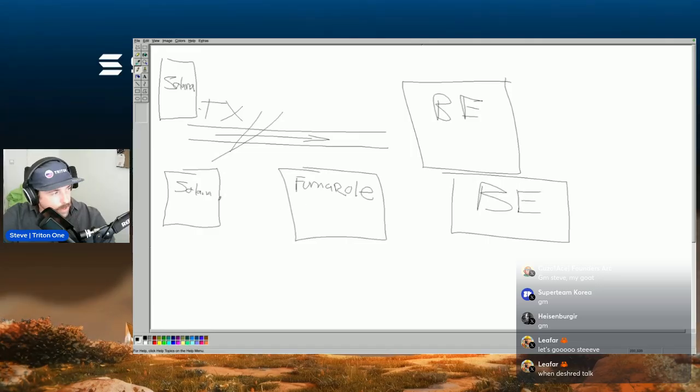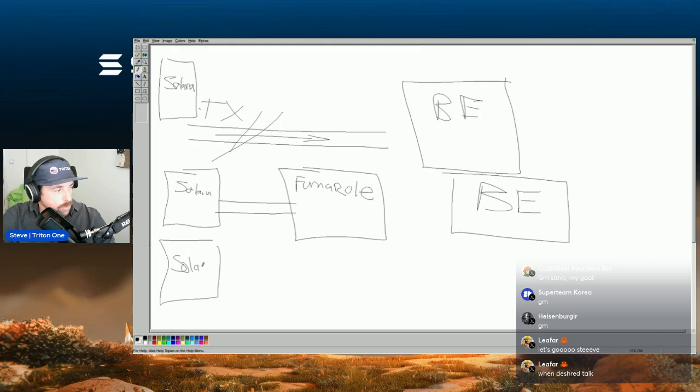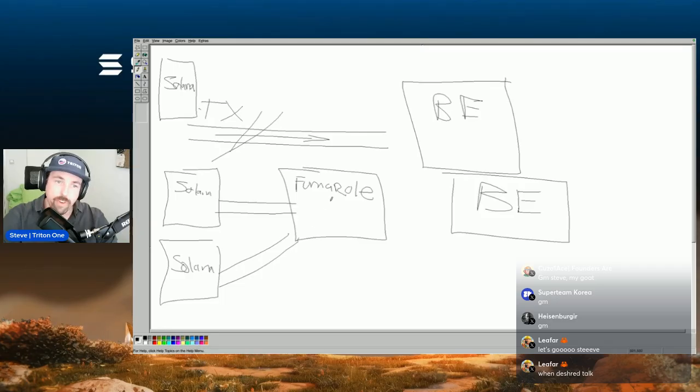What Fumarole does is it receives the information of multiple Solana nodes, so if one gets disconnected, we can be very sure that the others are still receiving information from other sources.